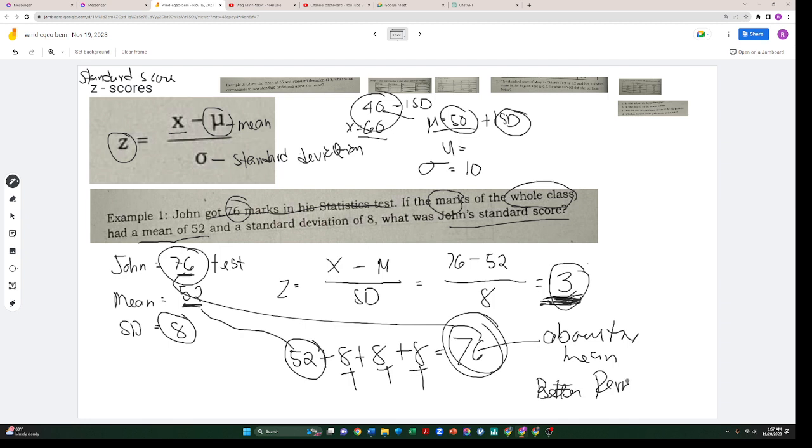Okay? So, what was John's standard score? It is 3. Okay? Another example.